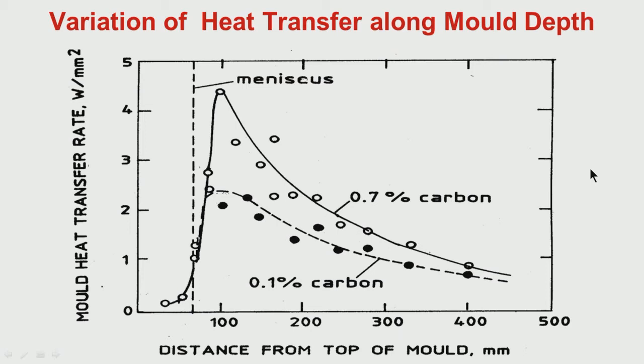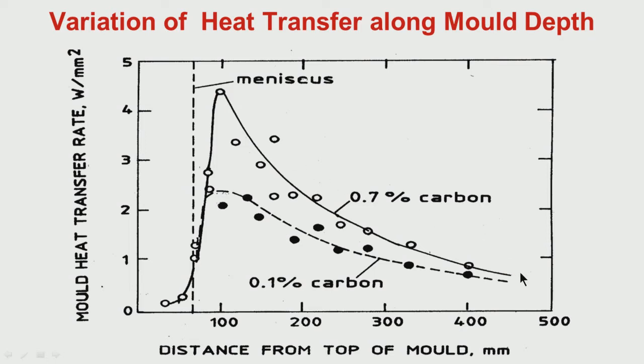Number 3, as the shell is increasing, there is a higher probability of the shell getting contracted. So, that is why there will also be some air gap formation. So, all these factors will lead to the heat transfer coming down from the top of the mold to below the mold.